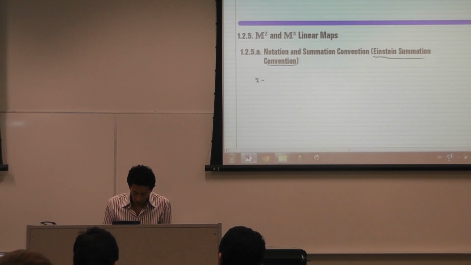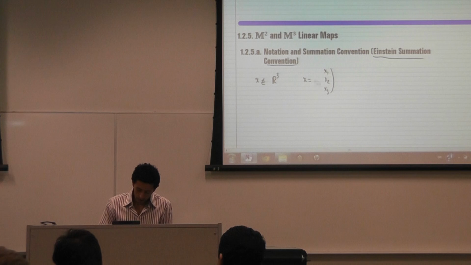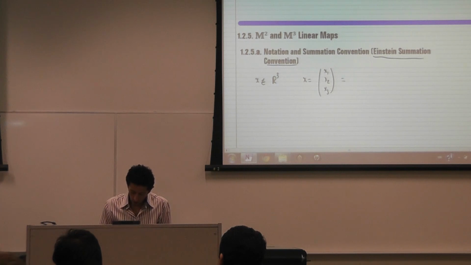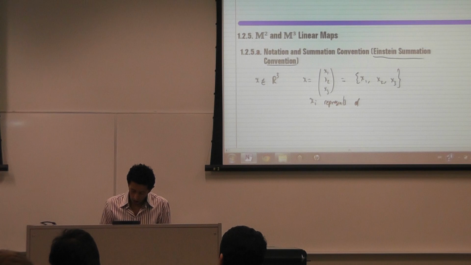So, as we said, if I have a vector in R3, I write the vector as x1, x2, x3. I also write it as xi, where xi represents a component of x.